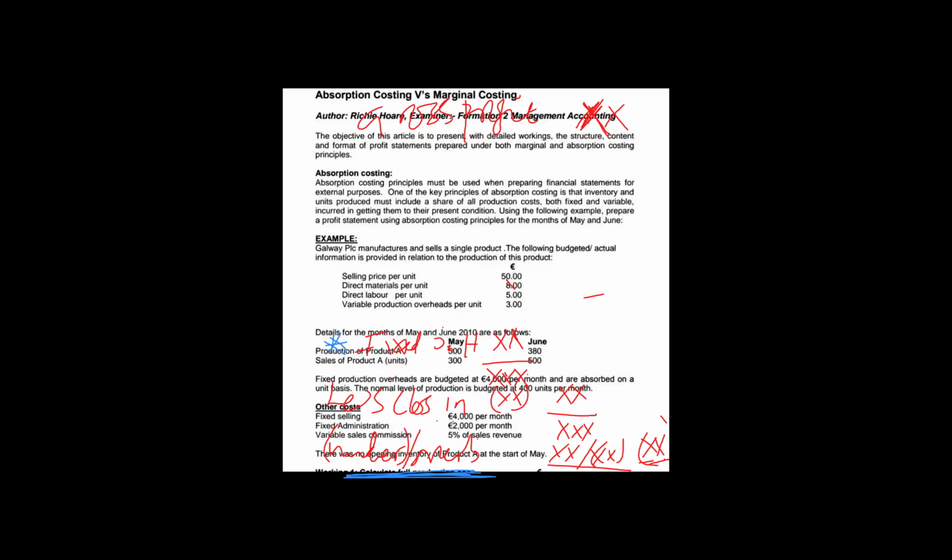Now, when we get the gross profit, it means we have already dealt with all the production costs, or the factory costs. We then deduct from there the non-production costs.